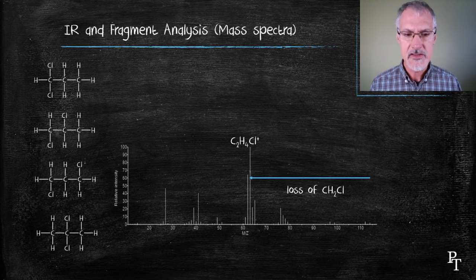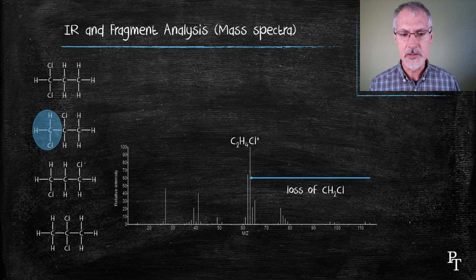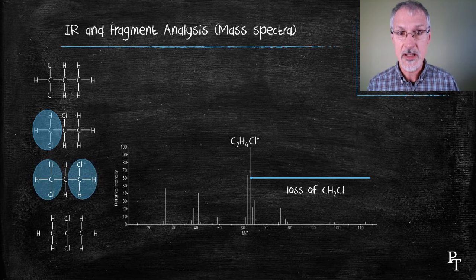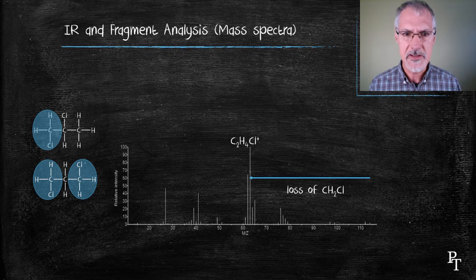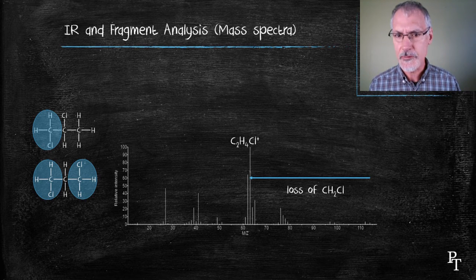But in the next one, I just need to cut it off here at the end. Likewise, in the next molecule, I can cut either the right end off or the left end off and obtain that fragment. And I can't get that fragment from my final molecule. So I'm inclined to believe at this point that these two isomers are the possible structures of my compound.